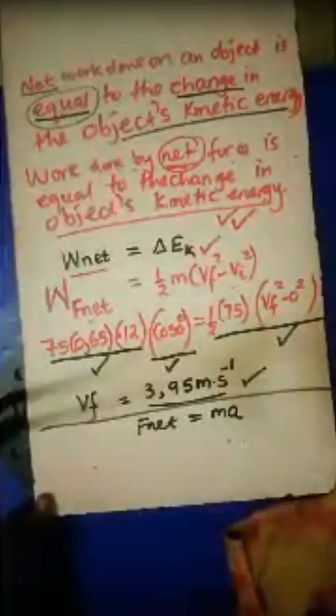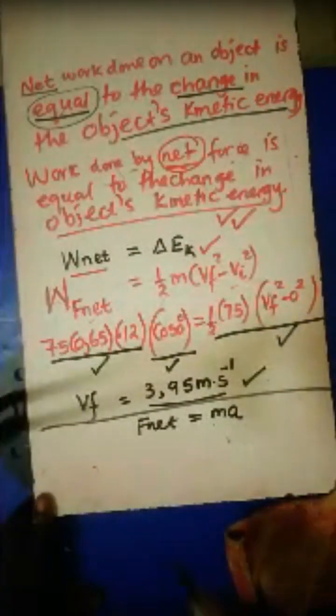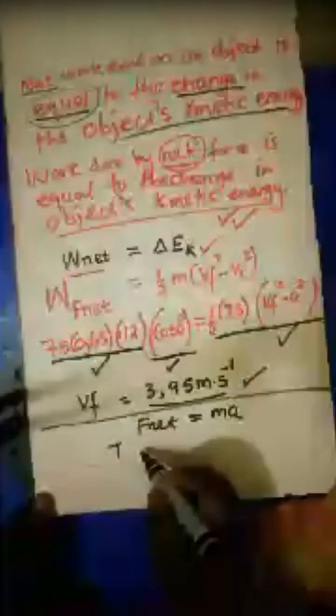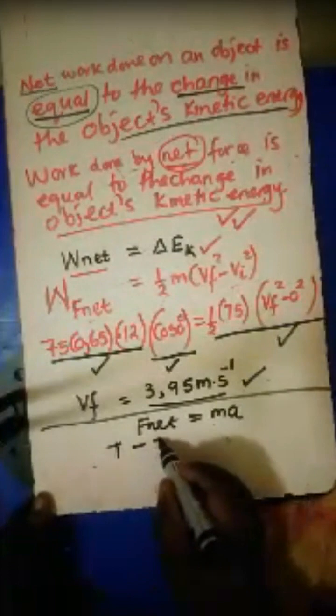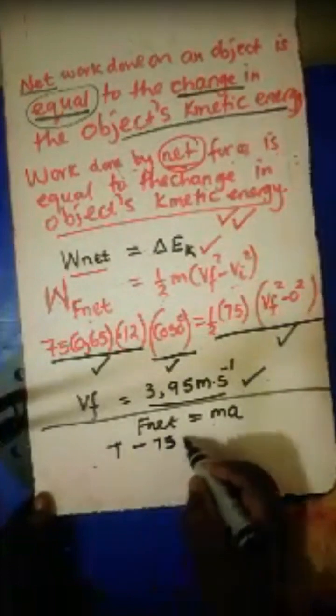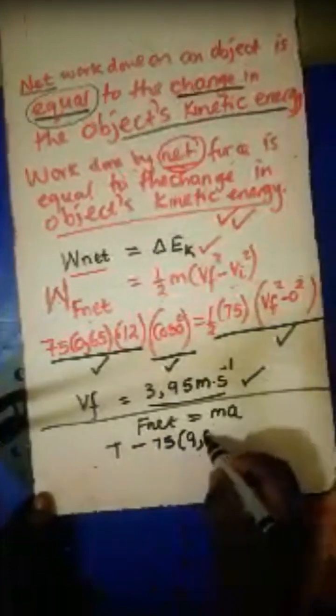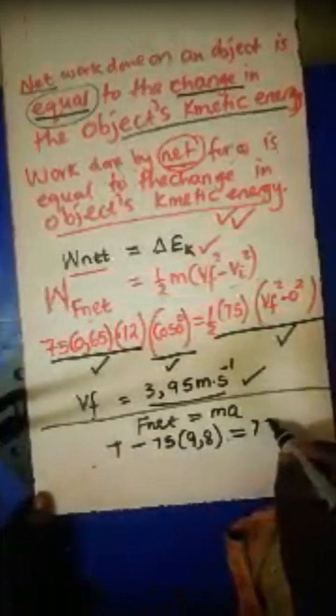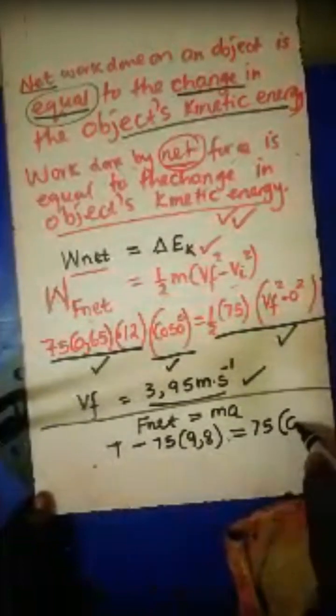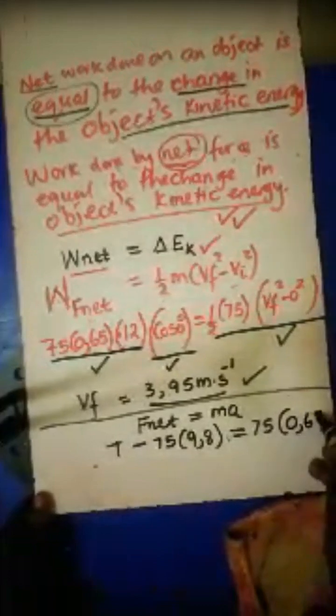So Elena can come and say, option number 2, F net is equal to MA. But remember, the system is going up. So Elena will say tension minus mg, m is 75, g is 9.8, is equal to mass 75 times the acceleration we are given, 0.65.